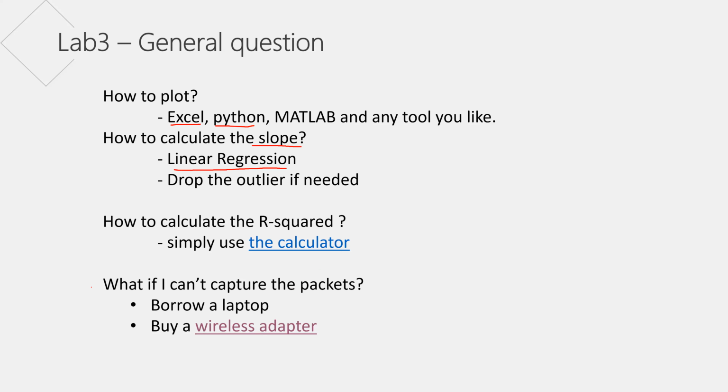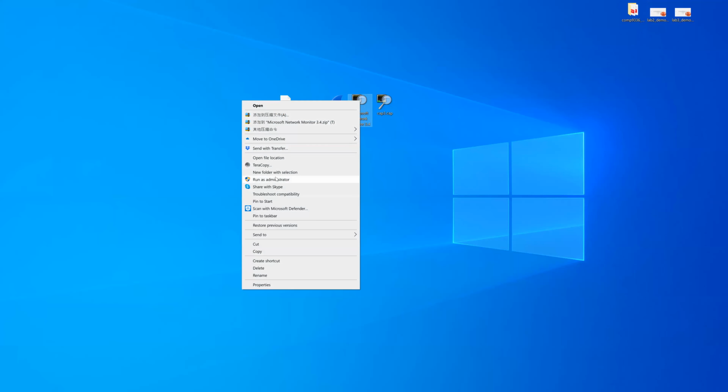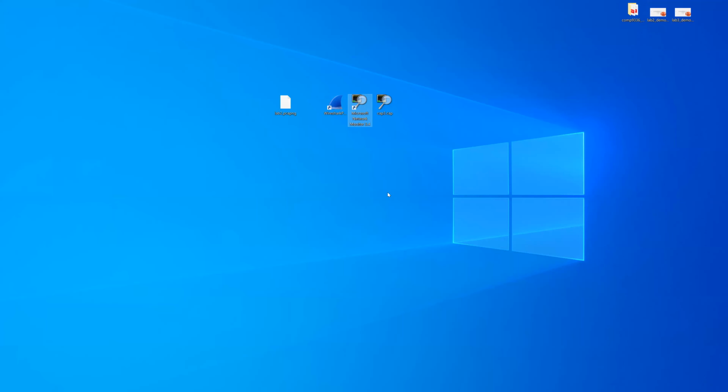Another question is, what if I can't capture the packets? Some students still cannot capture any packets on their computer. At first, you need to make sure you have the right configuration. For example, I'm using Windows 10 here, so run as administrator.